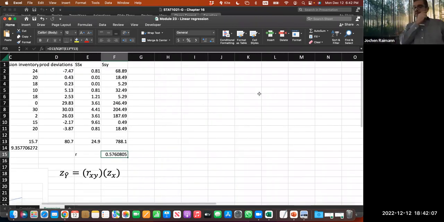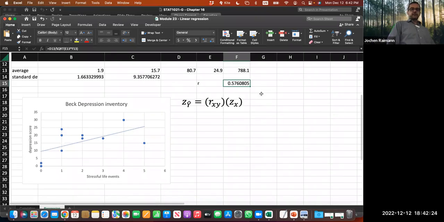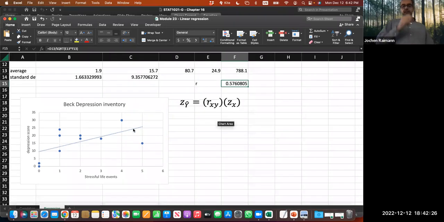Okay, but now we're going a step further. We have done this last class. So now we want to actually predict our standardized y hat. First thing we need to do, when we look at this scatter plot, we want to know two things to develop our regression function.